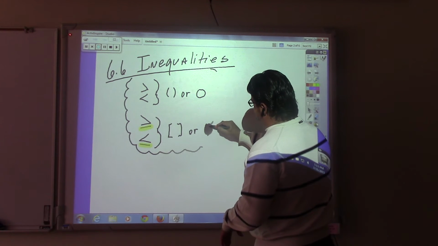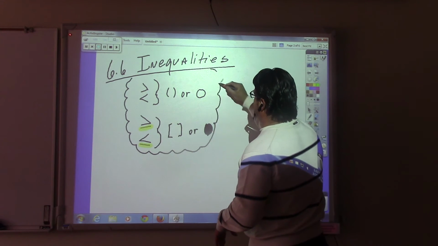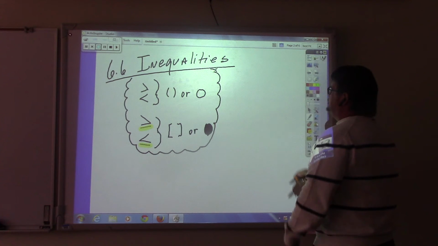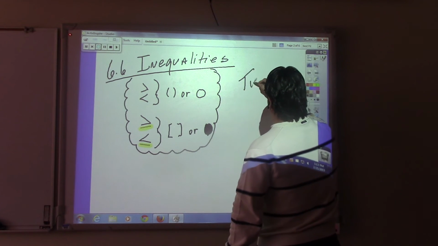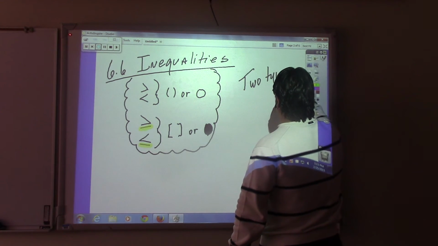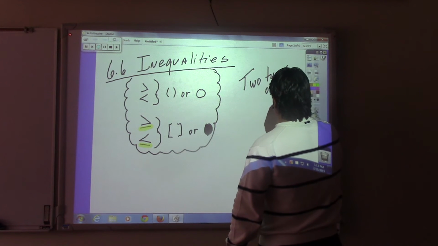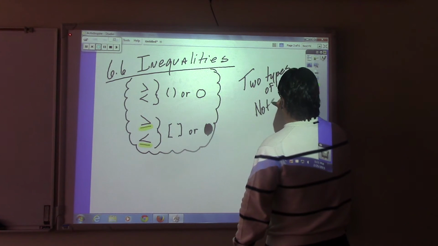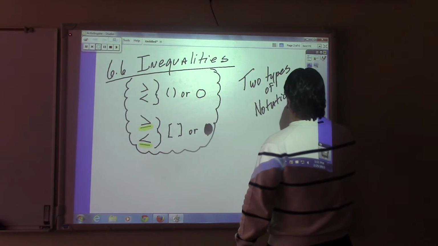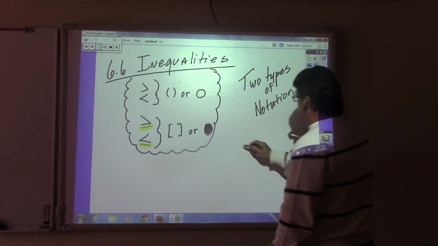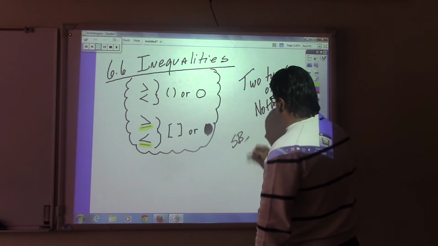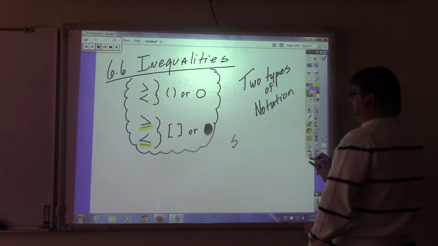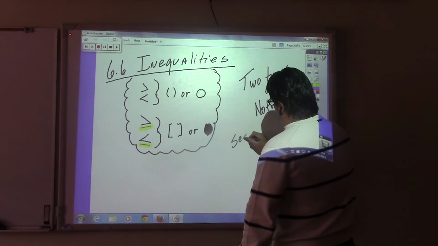There's two types of notation. There is set builder notation. I better write that out. Somebody's going to say, what's that stand for? Set.